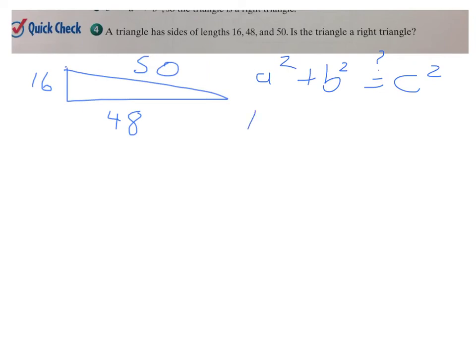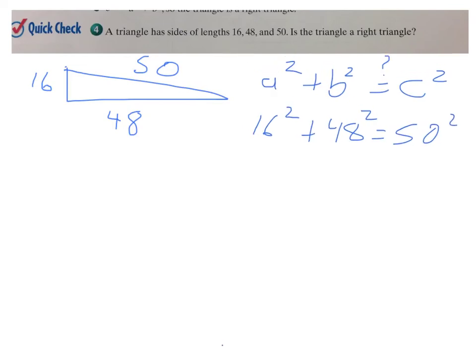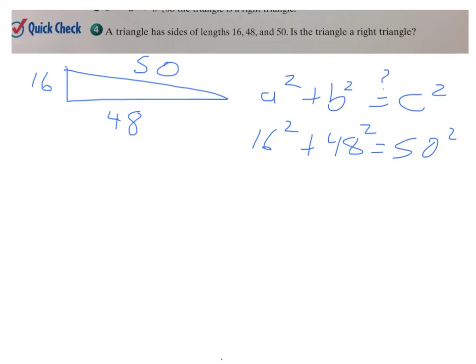So we're going to substitute in the values, 16 squared plus 48 squared, and see if that equals 50 squared. Well, 16 squared is 256, plus 48 squared is 2,304, and 50 squared is going to be 2,500.